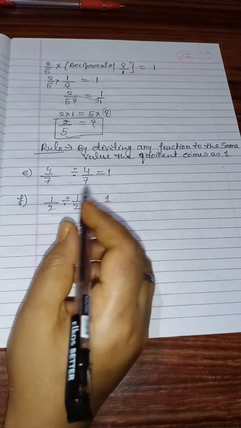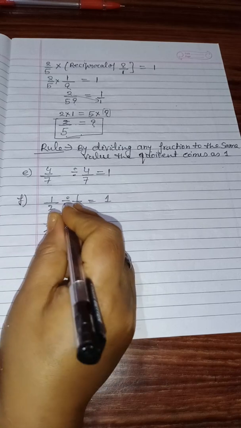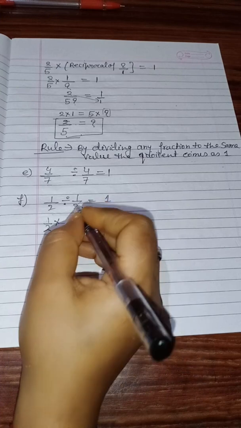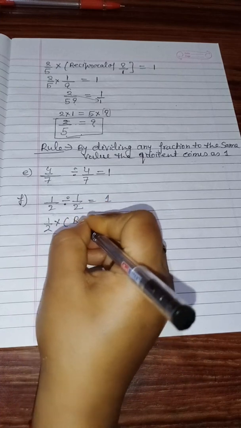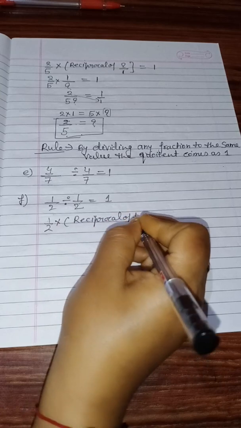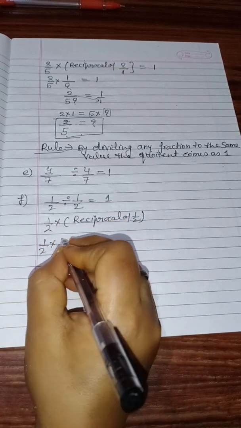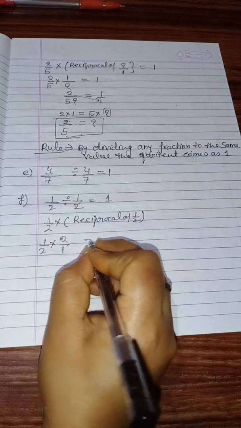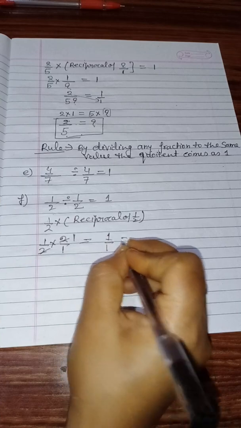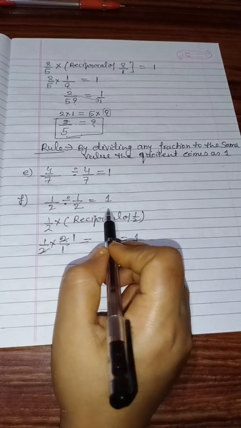In detail also you can do it: 1 upon 2, the division sign will convert into multiplication, and write the reciprocal of 1 upon 2, which is 2 upon 1. So 2 and 2 will be cancelled. It will come 1 upon 1, equal to 1 as your answer. So I have already written it as 1.